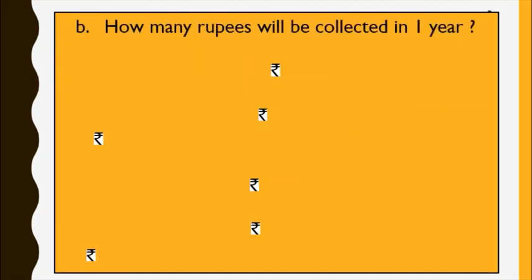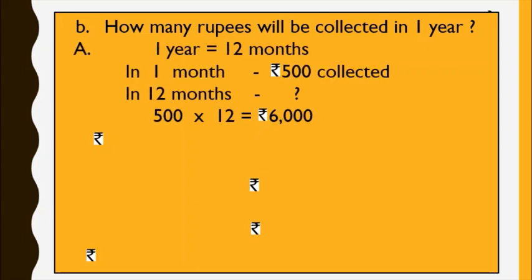How many rupees will be collected in 1 year? As we have seen in A part, that in 1 month rupees 500 are collected and deposited in the bank. So in 1 year, how much amount will be collected? So as everyone knows that 1 year has 12 months. So in 12 months, how much money will be collected?